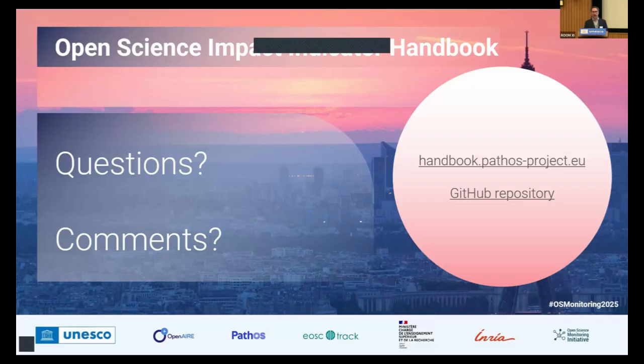If you have any suggestions, any typos, any errors, any ideas for new indicators that should be included that are missing here, please do reach out to us through the GitHub repository, or there's also another feedback form in general, which you're also welcome to fill out. And happy now to take any questions or comments. Thank you.